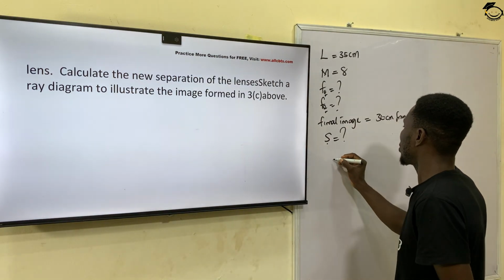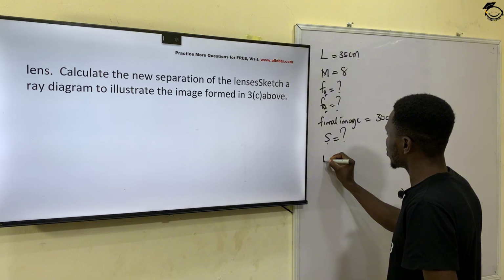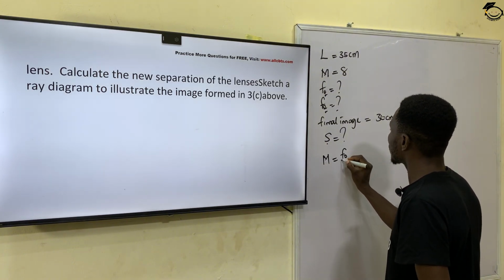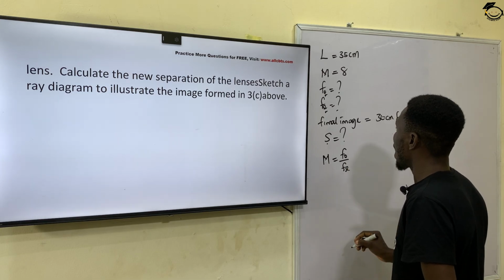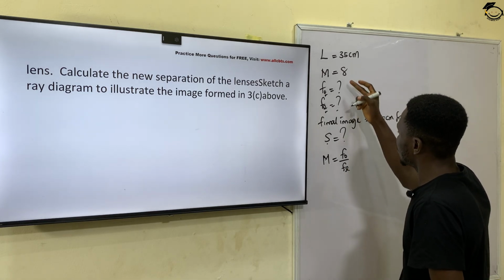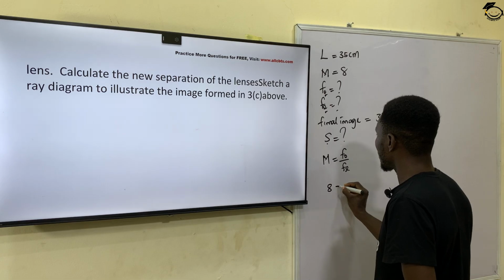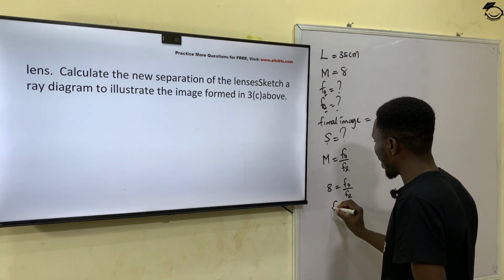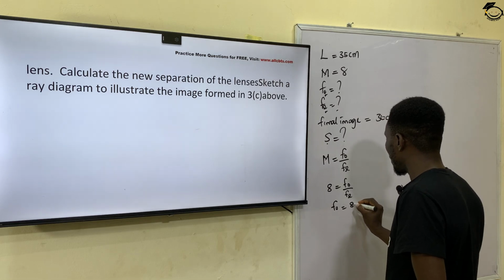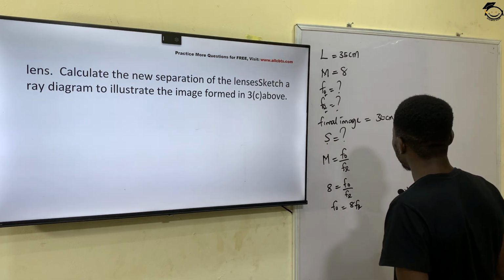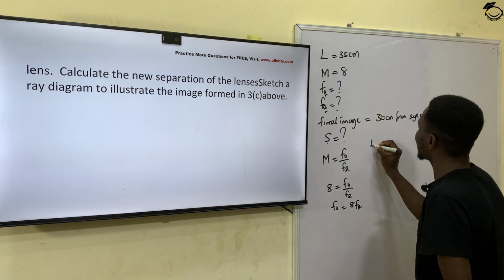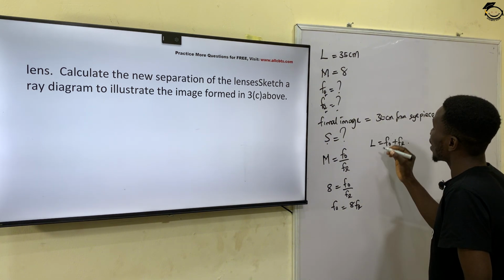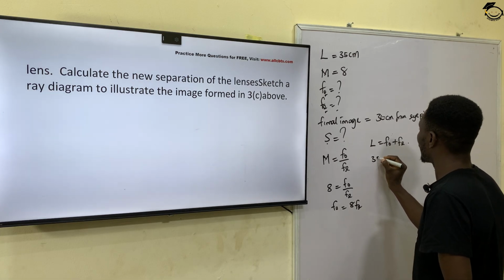The first thing I will do to solve this question is to indicate that my M is equal to F0 over Fe. My M has been given in the question as 8, so I have 8 is equal to F0 over Fe. This is the same as saying that my F0 is equal to 8Fe. But I also know that my length is equal to F0 plus Fe, and my length was given in the question as 35.